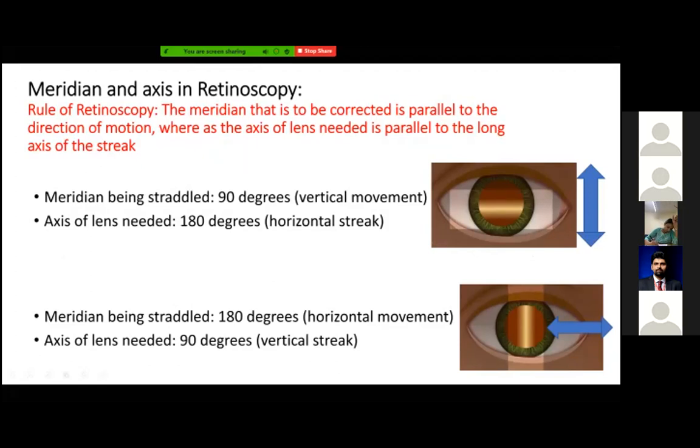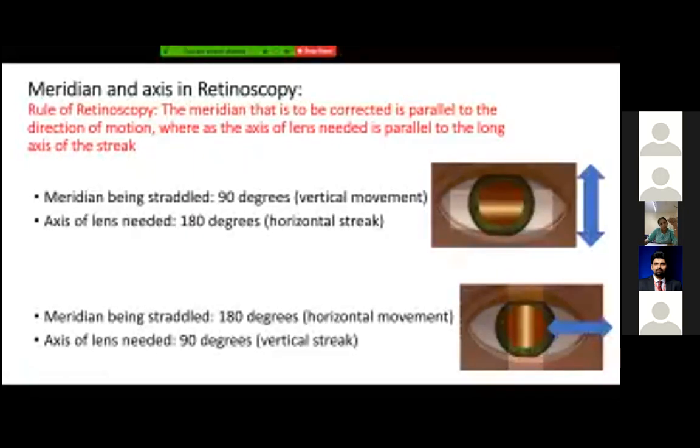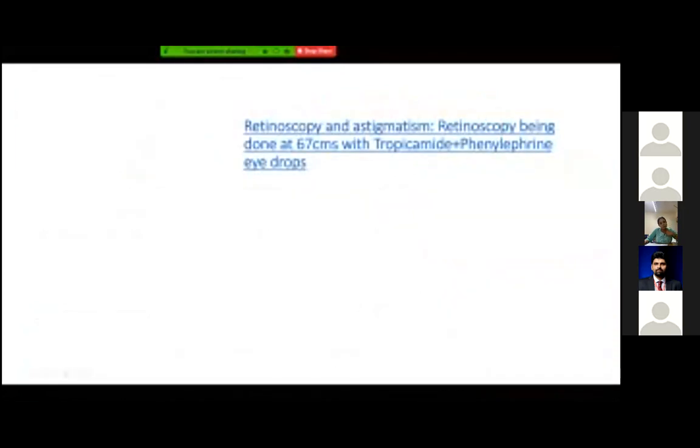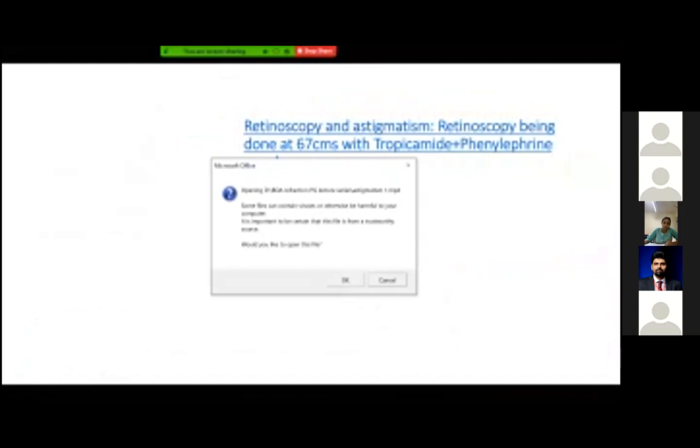So the meridian we are straddling here is the vertical meridian, and the axis of the lens needed to correct this will be in the horizontal, 180 degrees direction. Similarly, in the lower example, this is a vertical streak, the movement will be horizontal. So we are straddling the horizontal meridian, and the axis of the lens needed to correct this will be at 90 degrees, or vertical.